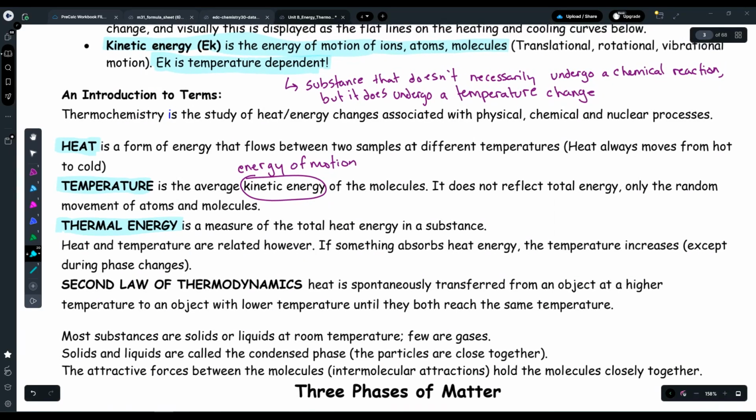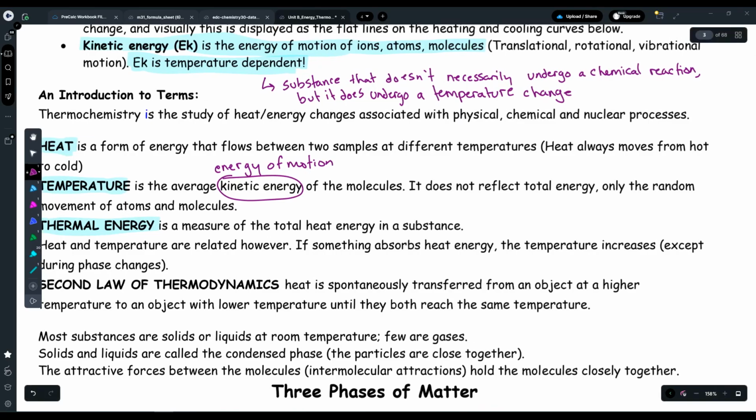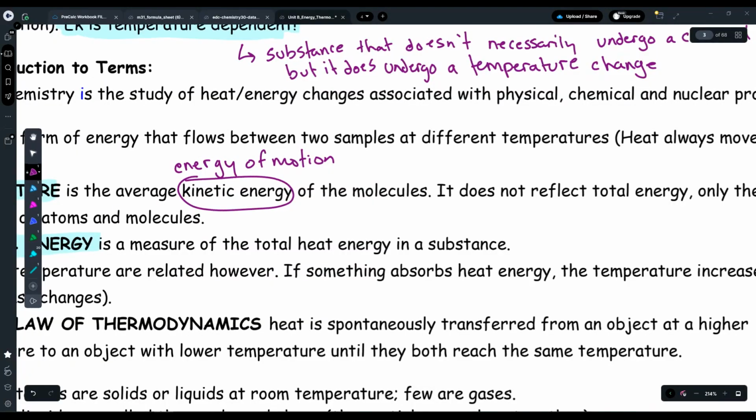So you do have to understand that heat and temperature are two different things, and the more you heat something up, the more you're going to increase its temperature, so the higher the kinetic energy that substance is going to have. Let's write that right here.